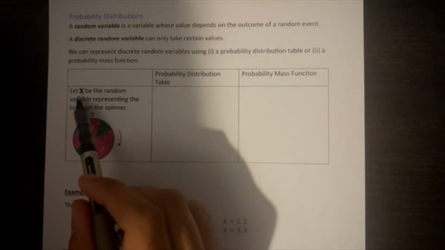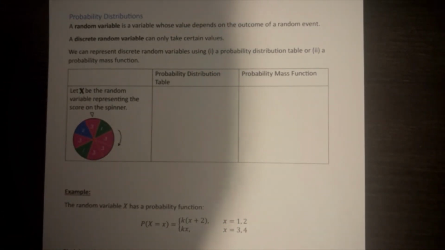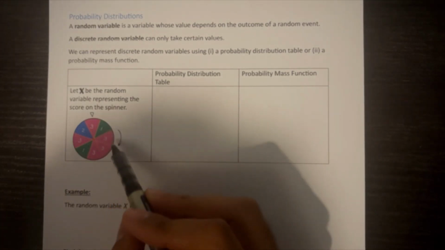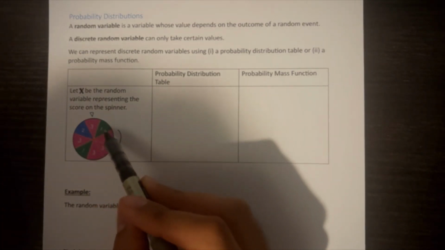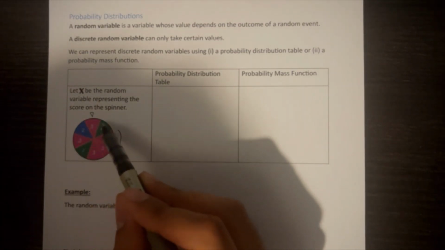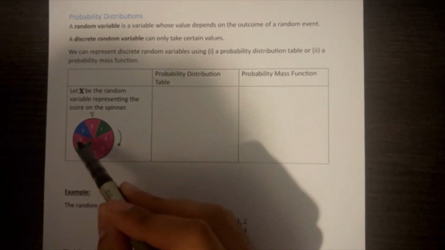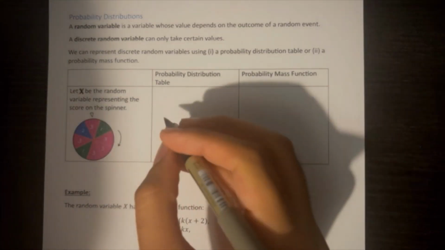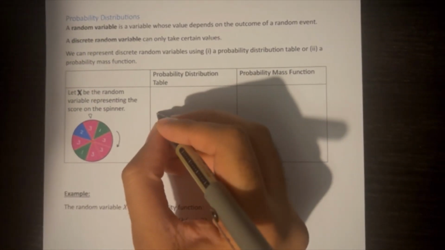So we're told to let x be the random variable representing the score on the spinner. I've got a spinner here with 8 equal sides, but some of the values appear more than others. One way of representing that would be in a probability distribution table.